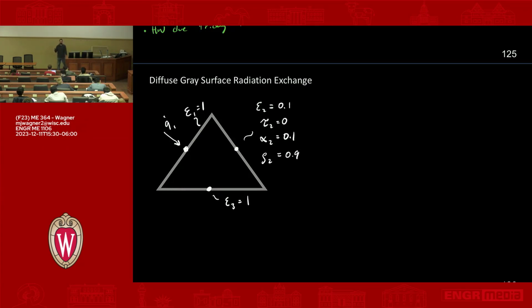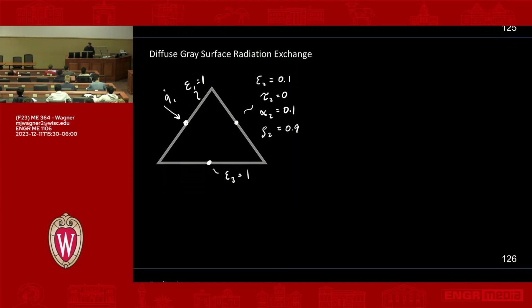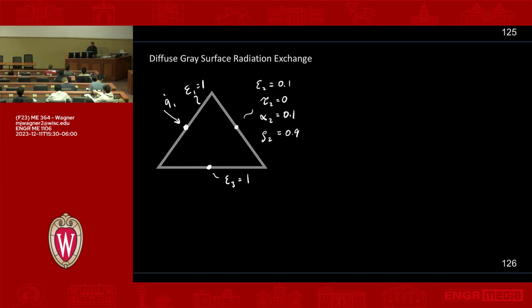So what happens if we trace through the process of radiation exchange between these surfaces? First, we would start off looking at surface 1. Surface 1 is emitting diffuse radiation. Some of that radiation goes free. The radiation that goes to surface 2, what happens to that radiation?